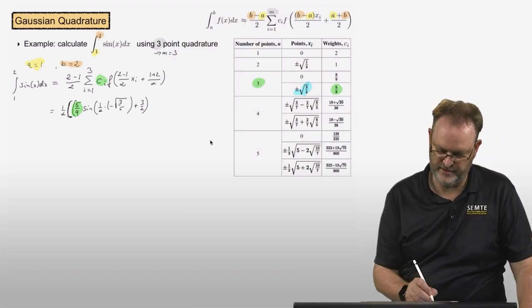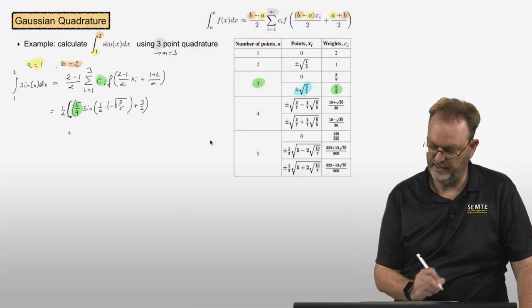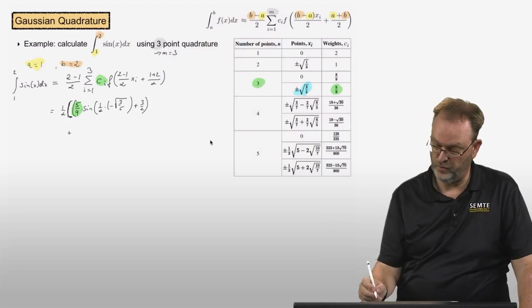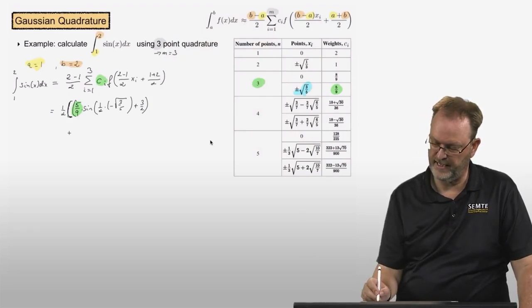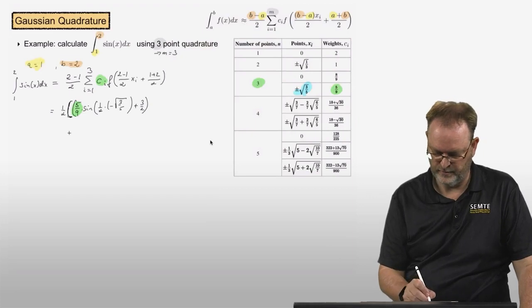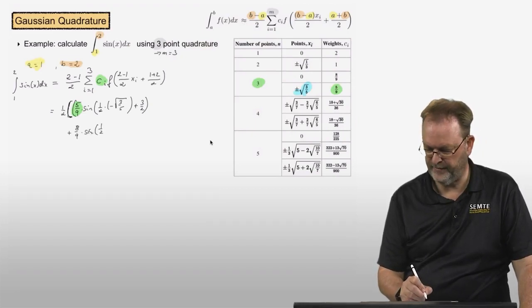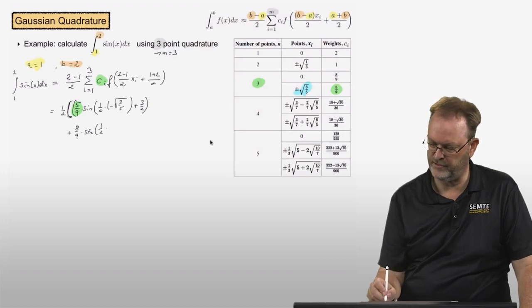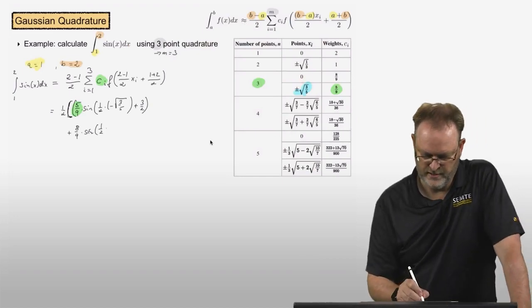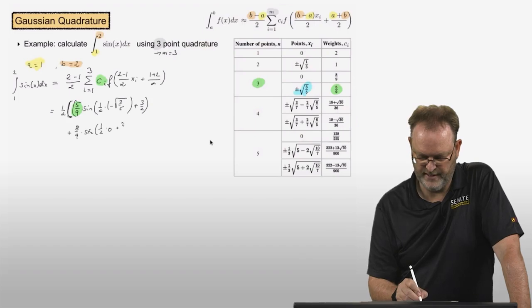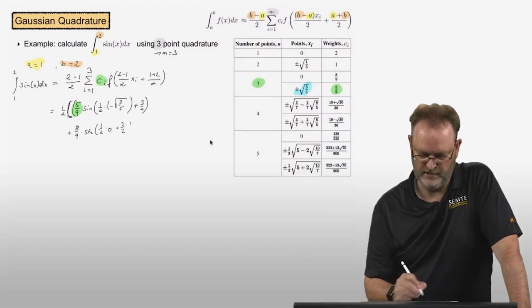And then the next term, the second point, is plus the weight now is 8/9. So plus 8/9 times the sine of 1/2 times the point location, which is 0, 0 plus 3/2. Okay.